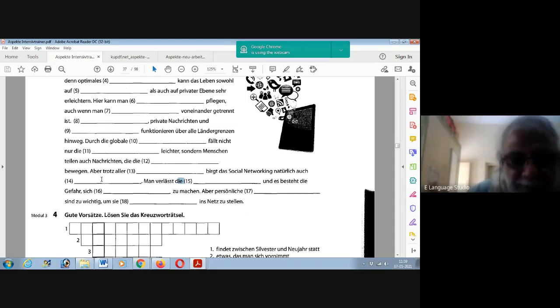And at some stage, sooner or later, one leaves the anonymity, and there is the danger that one becomes transparent. But personal data is very important to be simply put without a care on the net.